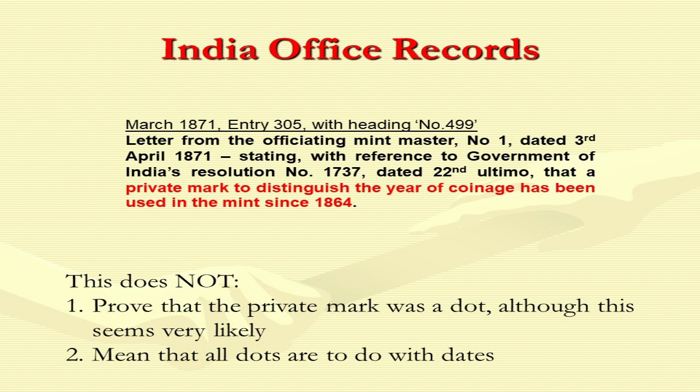A private mark was used, and it started in 1864. But this does not prove that the private mark was a dot, although to me this now seems highly likely. More importantly, it doesn't mean that all dots are to do with dates. So that's quite important, I think.